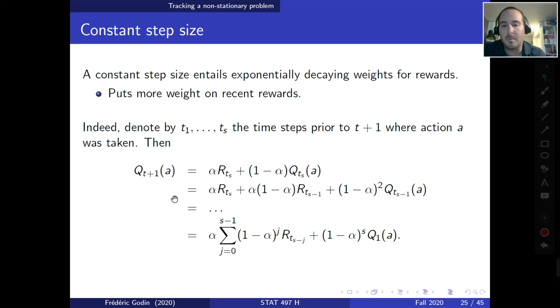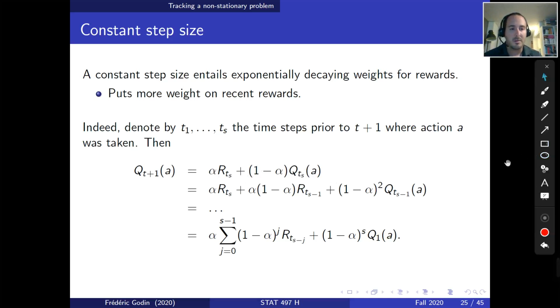And from this definition, this is alpha times the reward the last time the action A was selected, plus 1 minus alpha times the estimated expected reward the last time action A was selected. And we can apply the previous formula recursively.